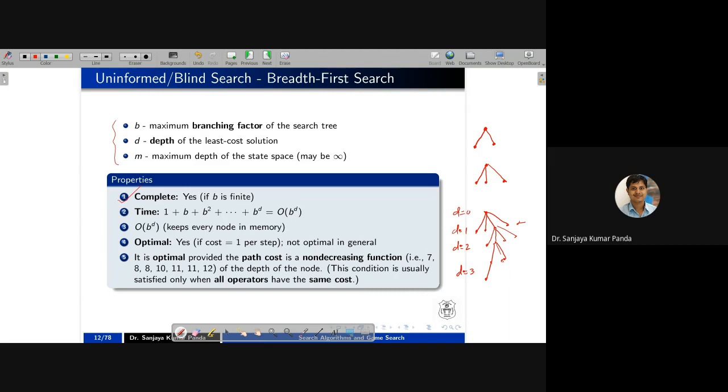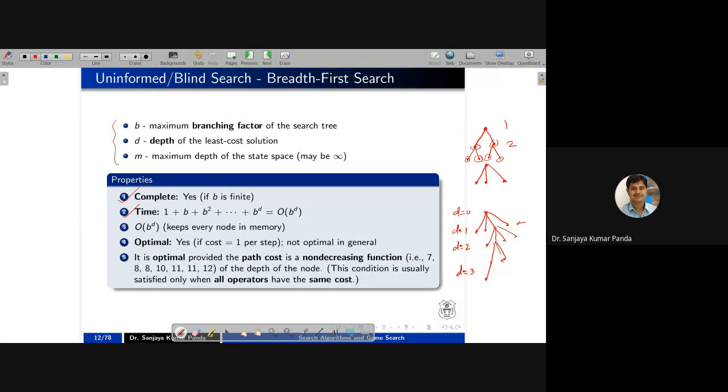Then coming to the time complexity. What is the time complexity here? First, there is only one node. Then if the branching factor is 2, there are 2 nodes in the next level. If the branching factor remains the same, then if I expand this particular node, 2 children are generated, and if I expand this node, another 2 nodes are generated.